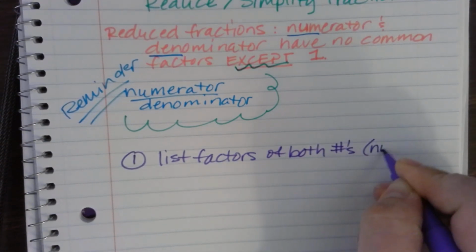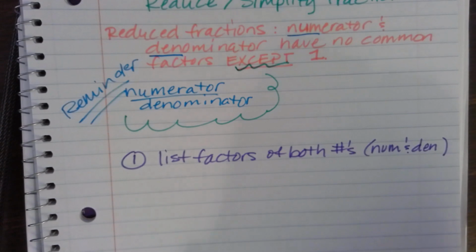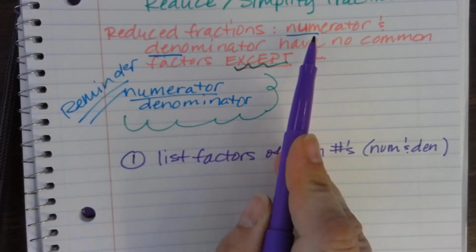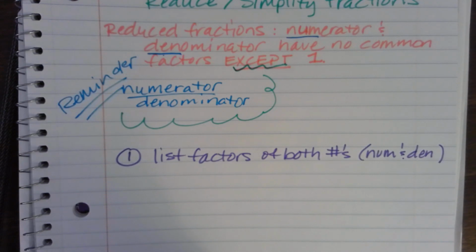I'm talking about the numerator and denominator. And remember, guys, that I underlined up here because I do not want to write those words out anymore. I'm shortening them. So step 1, we need to know what the factors are for both numbers.